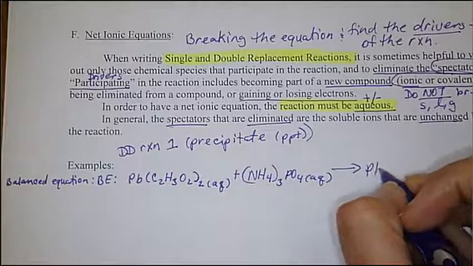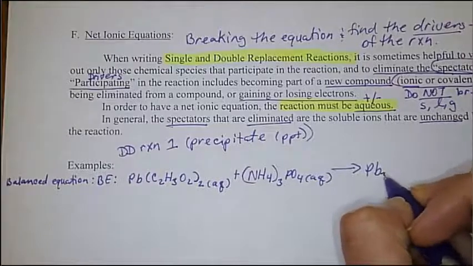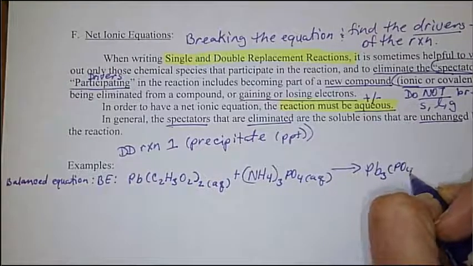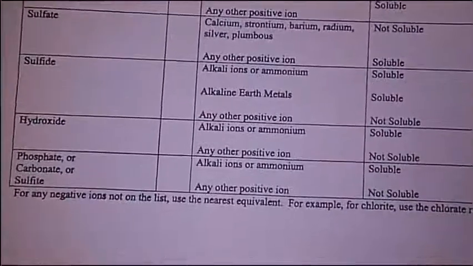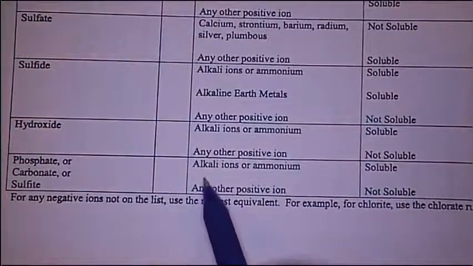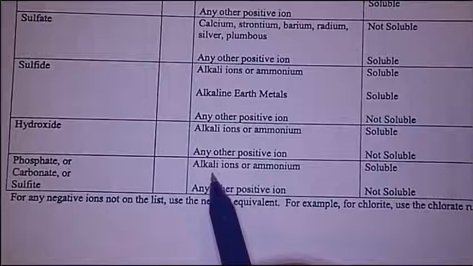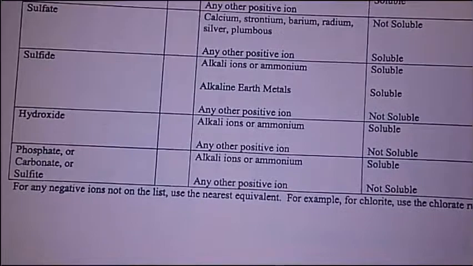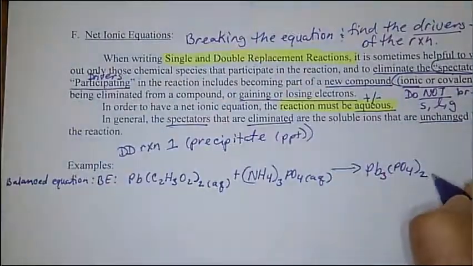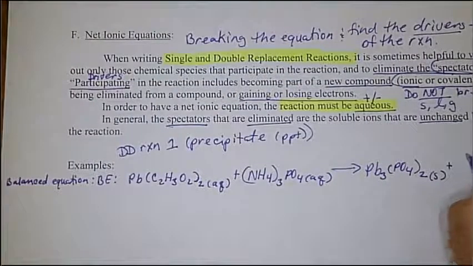So when you do, you get lead phosphate, Pb3(PO4)2. When you use your solubility chart, you're looking at phosphate right here. Phosphate reacts with lead, which is not an alkaline ion, nor is it ammonium or any other soluble positive ion, so it's not soluble. So in this case, it is a solid, and reacting with ammonium acetate.